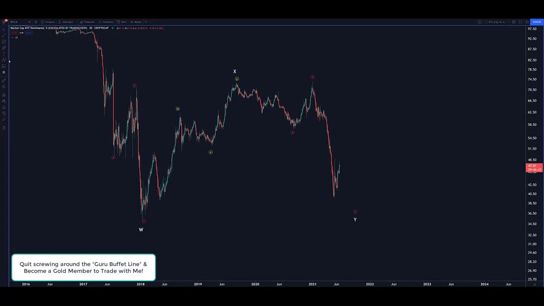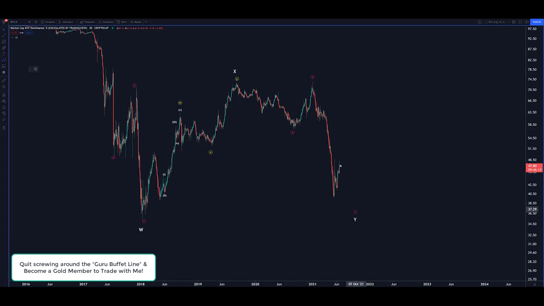For example, on this ABC, this C wave very clearly has 1, 2, 3, 4, and 5. Okay? This too, 1, 2, 3, 4, and 5. Okay?